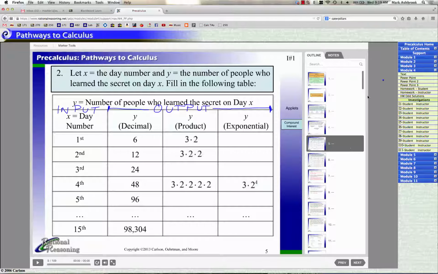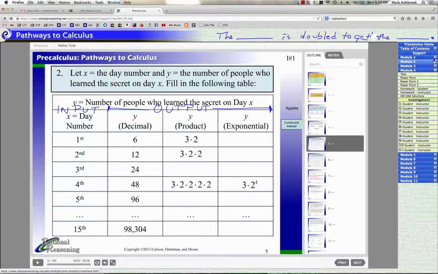Maybe let's write here: the blank is doubled to get the blank. Okay, so we're going to fill in the blanks with input or output.